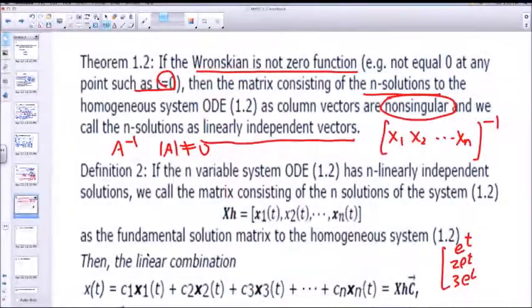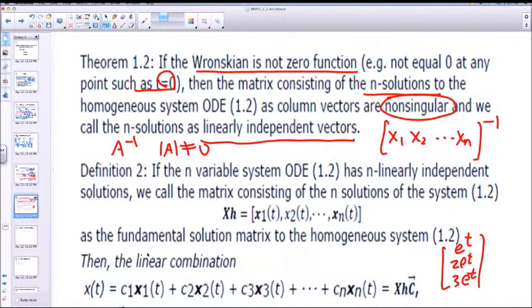Why is it important? It's the same as in the algebra. I said that if you have a homogeneous equation, you have infinitely many solutions, but you can just multiply by 1, multiply by 2, multiply by 3, it doesn't make any difference. Let me show you what I mean. e^t, 2e^t, 3e^t, that's a solution. That's 1.